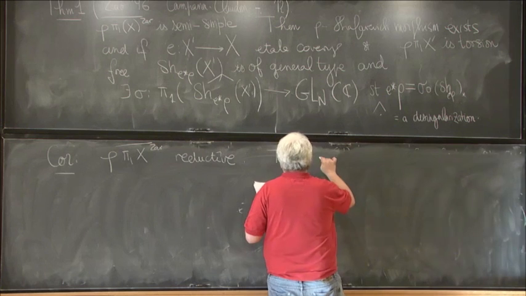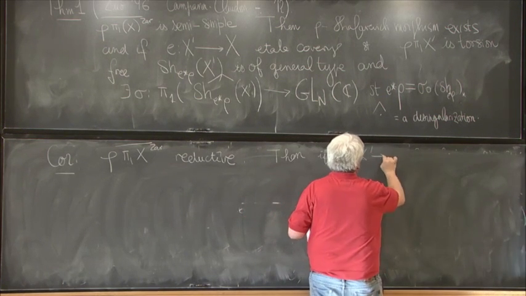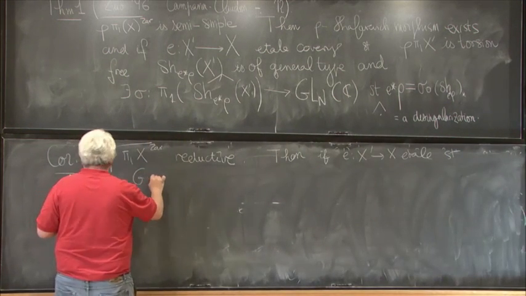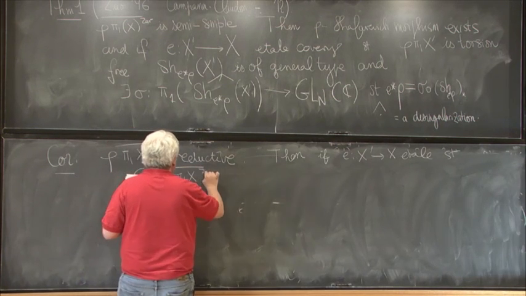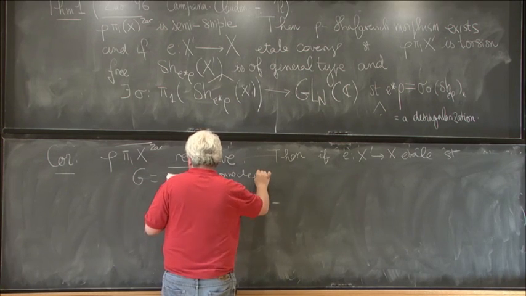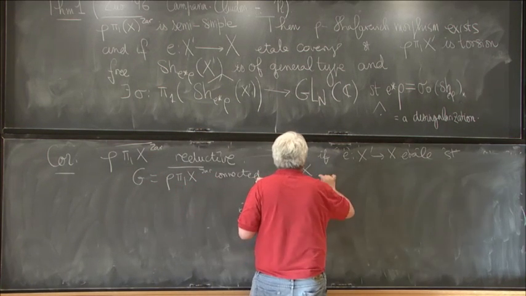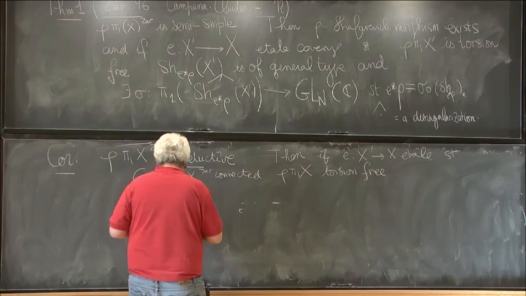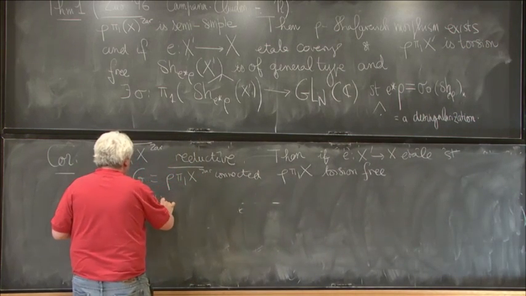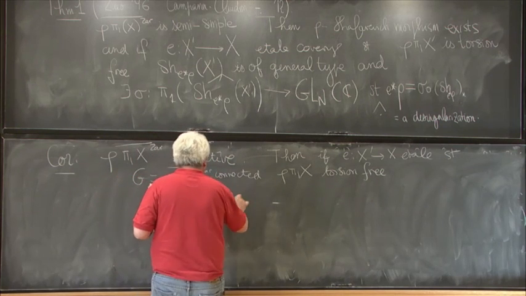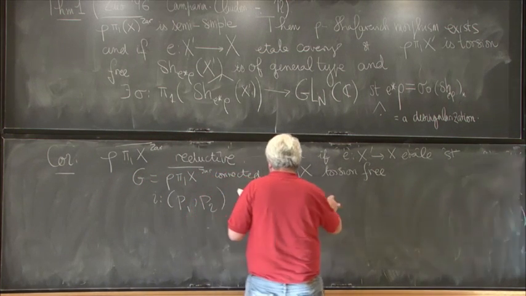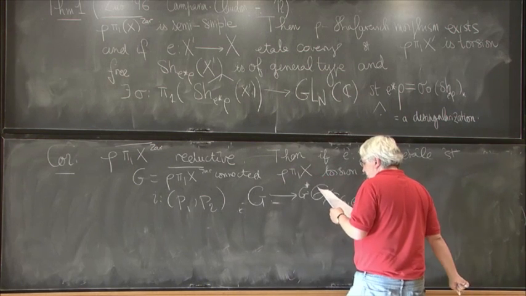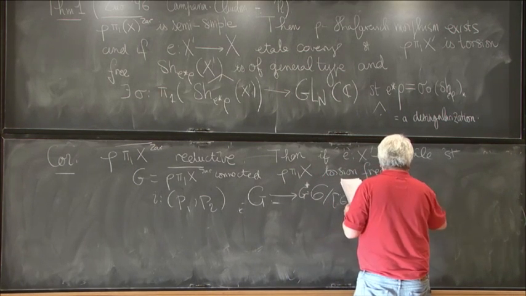Then, if we choose an étale covering such that this is connected, this image is torsion free, and we define a morphism from this G to its modification into a product of a semi-simple group and of a torus.